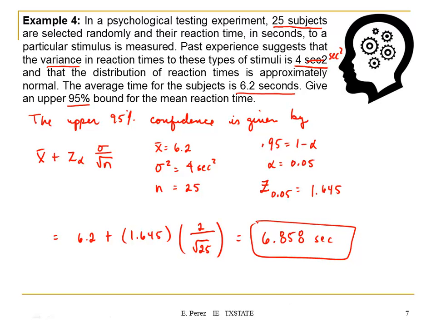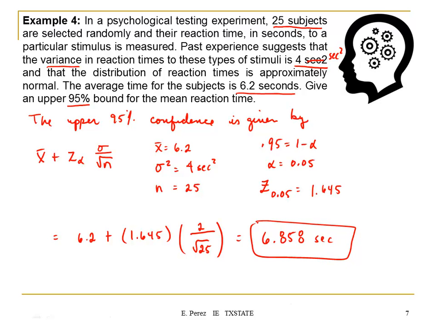So the difficulty in this topic, first, is to identify what information you have from the problem. If you know the variance, and you know that the variance is coming from the population, you can use the confidence interval using the standard normal or the z-value.